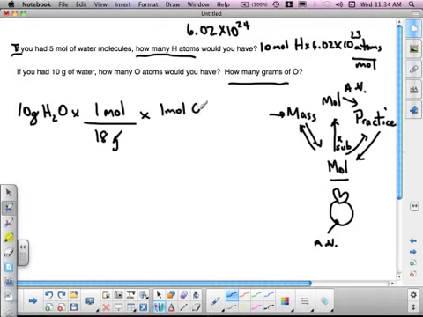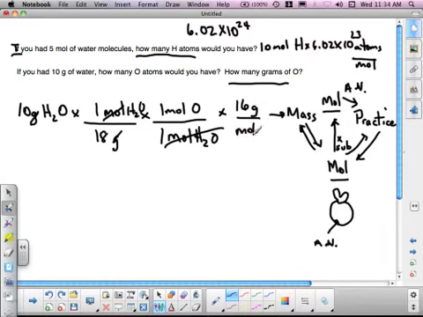This is what I'm doing up the middle. Okay, that was H2O. And now I can convert up here, and now I can multiply times the molar mass of oxygen to answer this question. So it'll just be 16 grams per mole of oxygen.